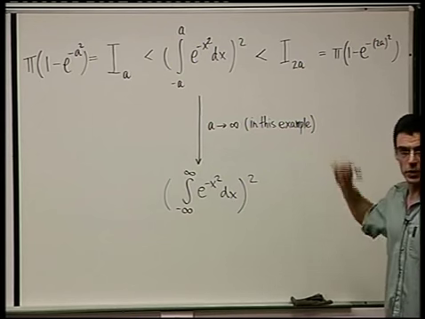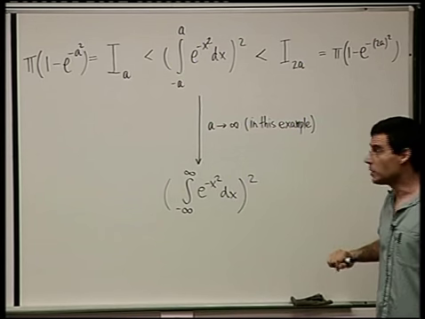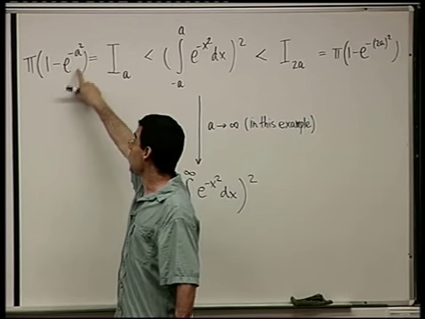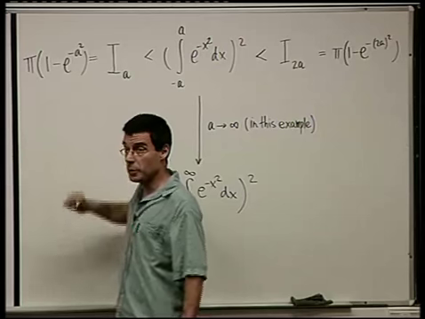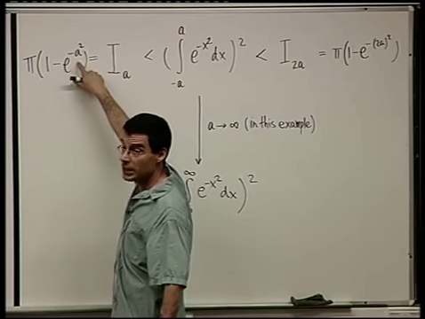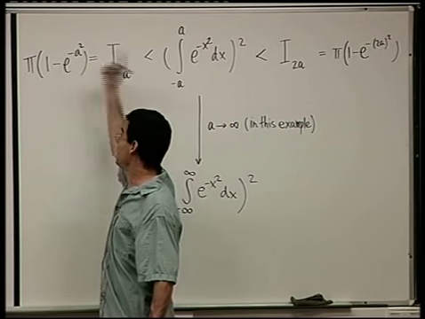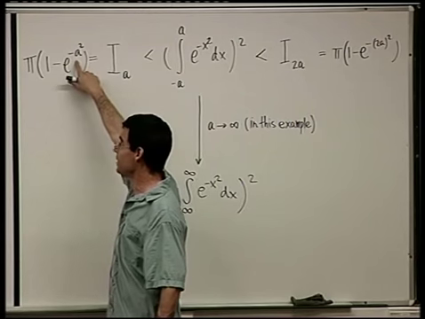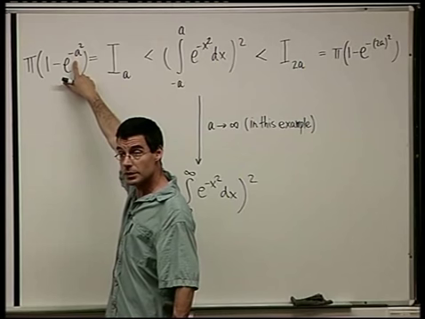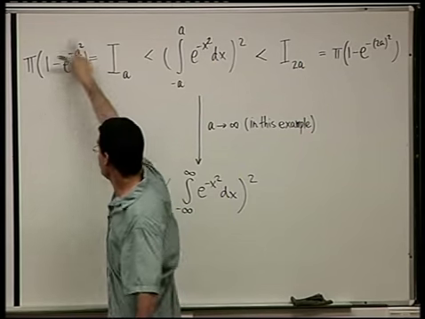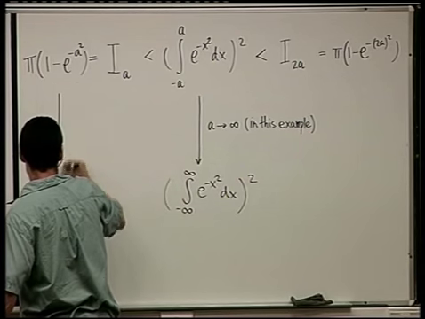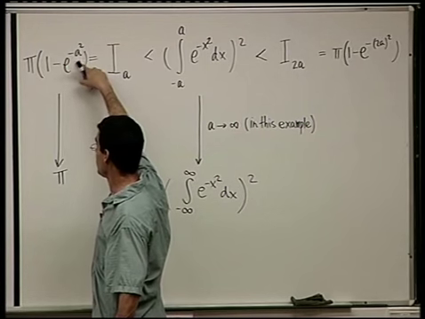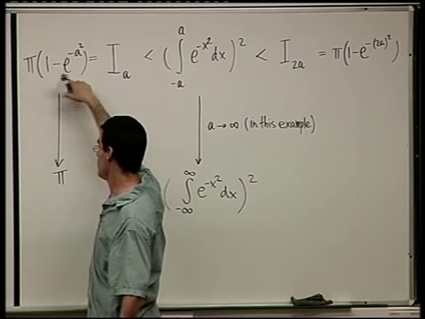Let's sandwich this business. Use the sandwich theorem. What does this go to as a goes to infinity? When a goes to infinity, a squared is way there at infinity, right? So minus a squared goes to minus infinity. E to the minus infinity goes to 0. So this entire expression goes to pi, because e to the minus a squared goes to 0, 1 minus it goes to 1, so it's pi times 1.